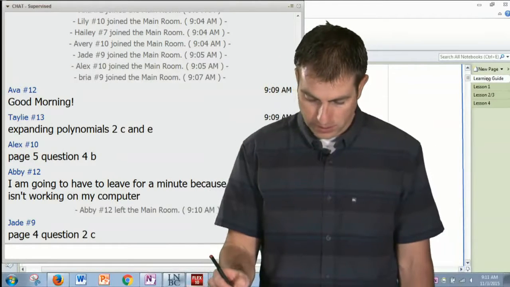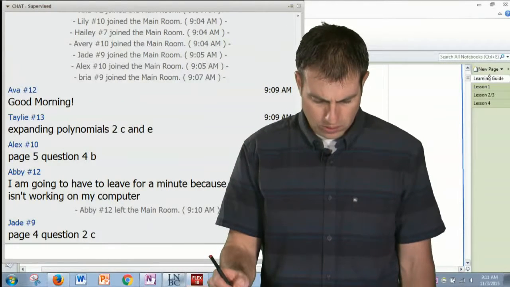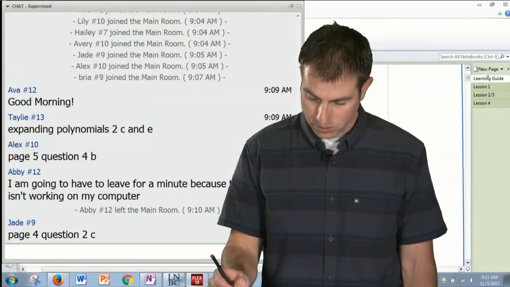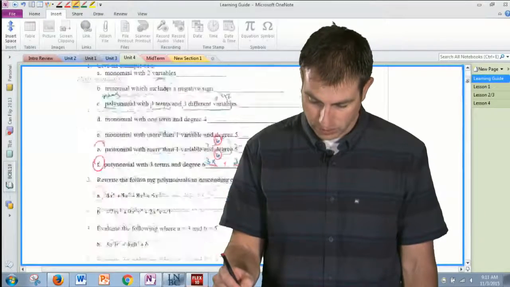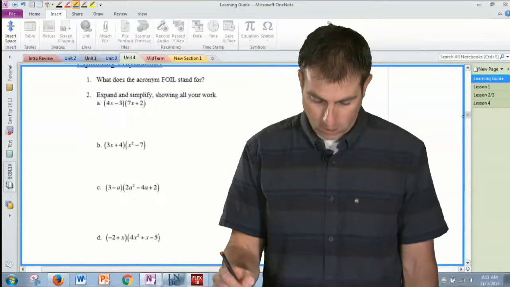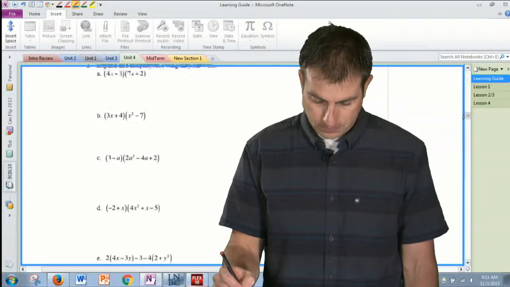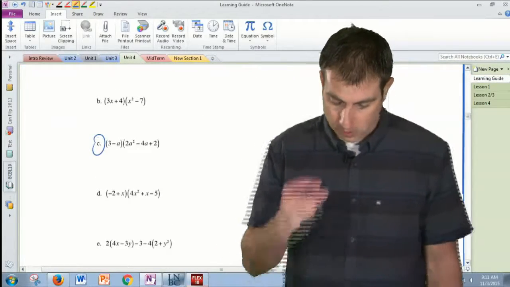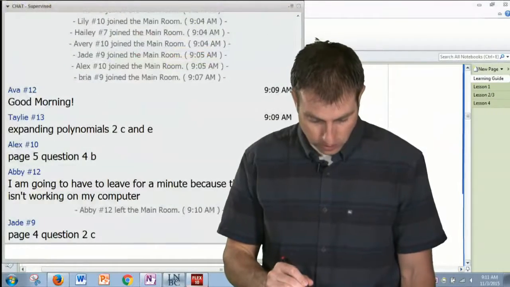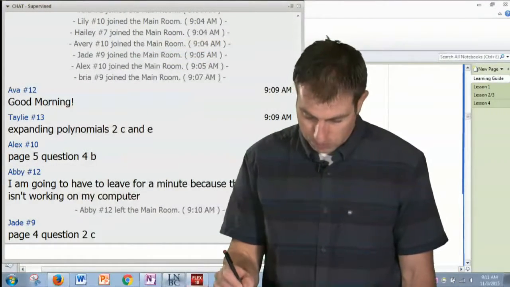Let's get to these guys. I don't know which page is first. Page 5, 4B, page 4, 2C. Let's go to page 4, 2C first. So we're going to expand that little guy. And then Alex had a question, page 5, 4B.